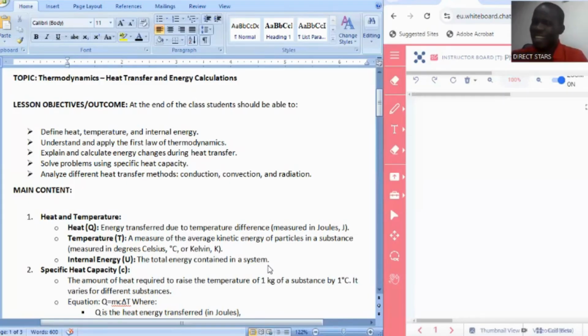So now, the heat is denoted with letter Q. The temperature is denoted with letter T. The internal energy is denoted with letter U, which is the total energy contained in a body.